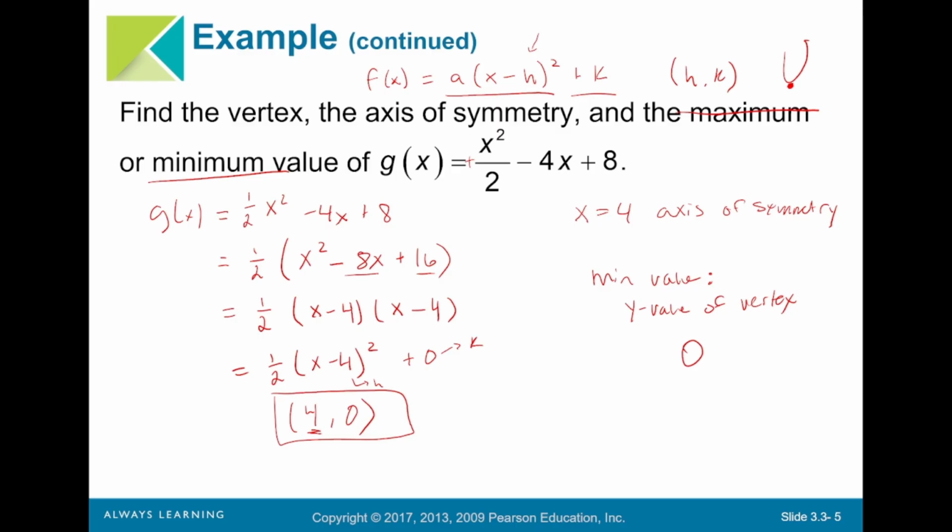So we wrote down the vertex for h and k. Then we can write down that x equals 4 is our axis of symmetry because that's our 4 in the x value of our vertex. We know that our minimum value is the y value of the vertex, which is 0. We also know it's a min because it's a U-shaped quadratic. So that's kind of how these go. Let's see another example.